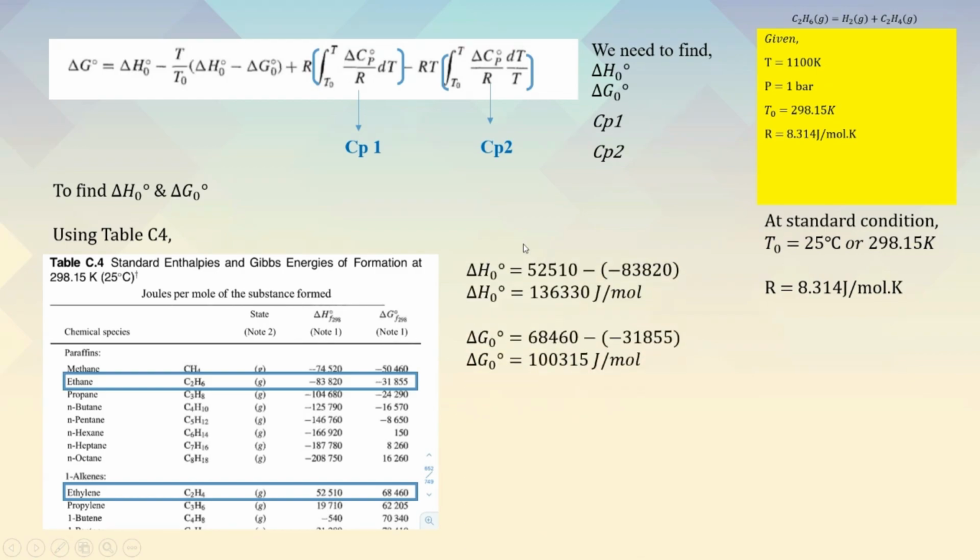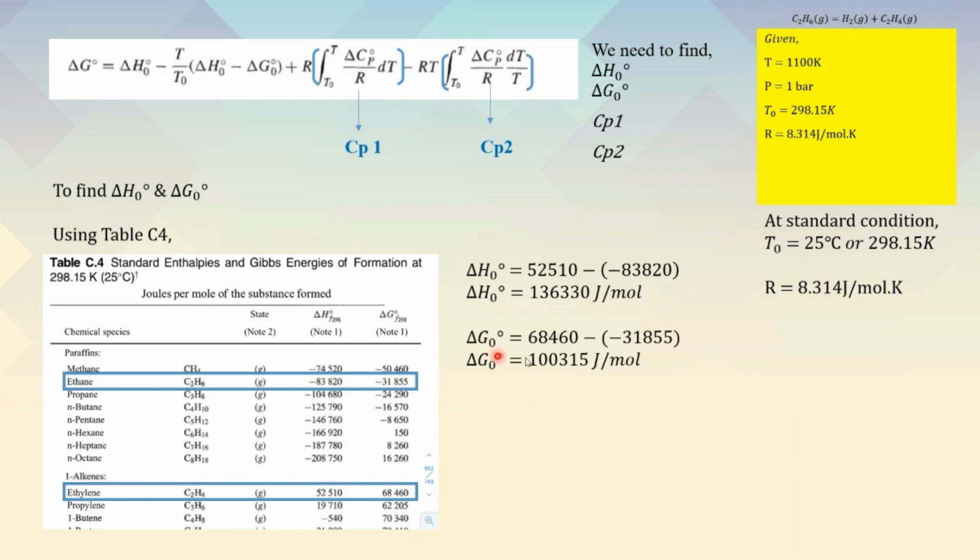Now let's calculate the standard del H and standard del G for the reaction. To calculate standard del H or standard del G for the equation, we will take the standard del H of the product minus standard del H of the reactant.